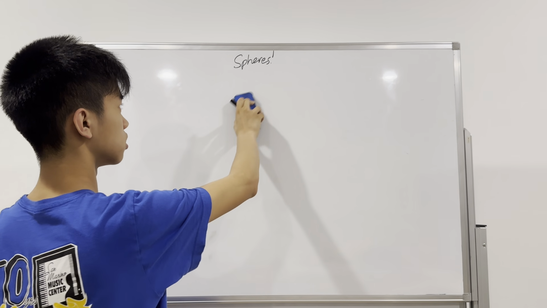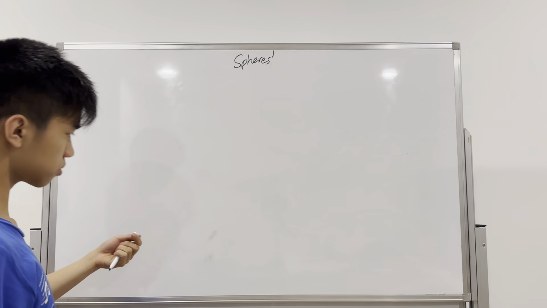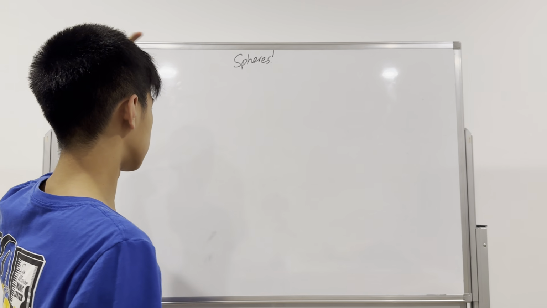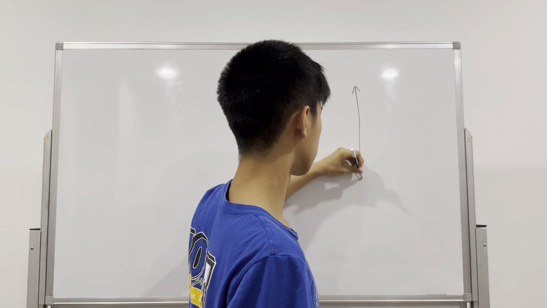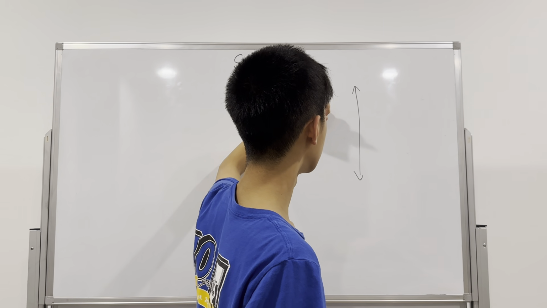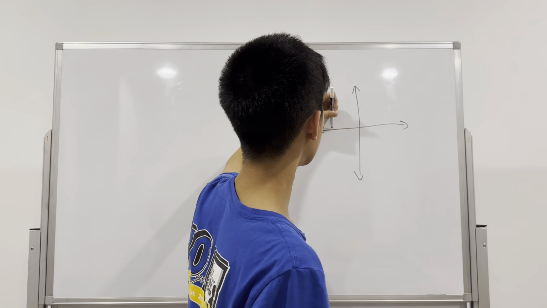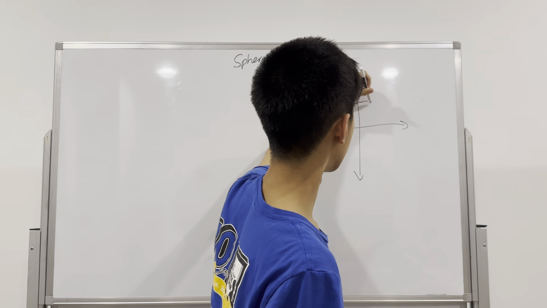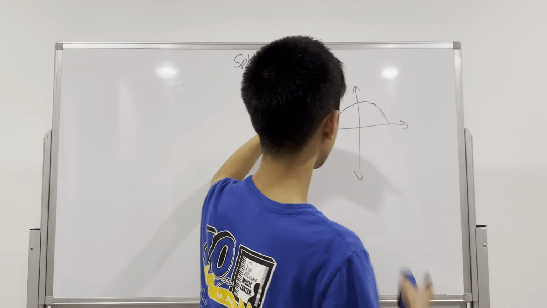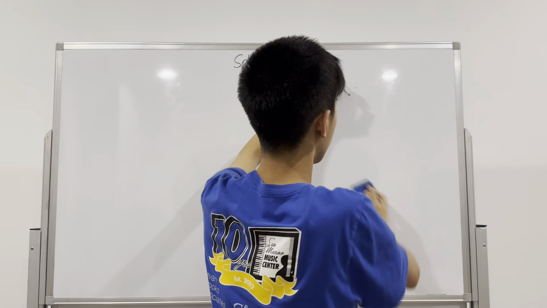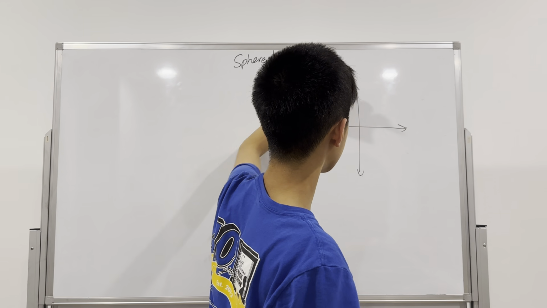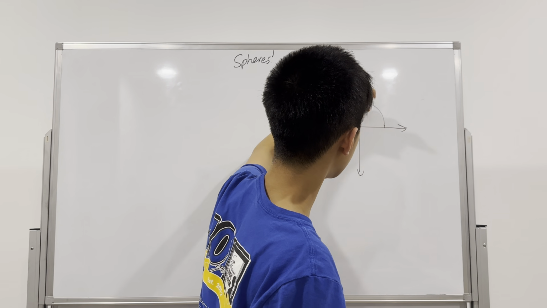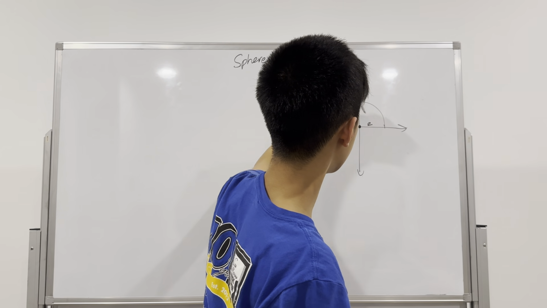So to start off with, let me just present some prerequisite information that we need to know before we can proceed. To create a sphere, let's say we have a half circle on an xy graph, of radius r.